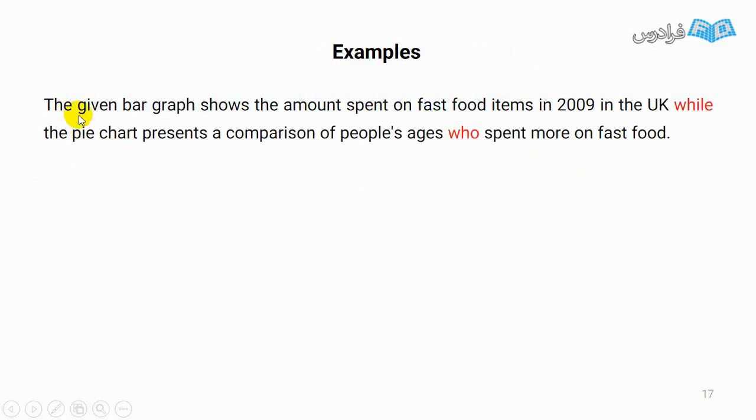The given bar graph shows the amount spent on fast food items in 2009 in the UK, while the pie chart presents a comparison of people's ages who spend more on fast food. Can you remember? I told you, when we are introducing multiple graphs, we have to use complex sentences, you can see. While, and here, I want to give more information about people, then I use who here.